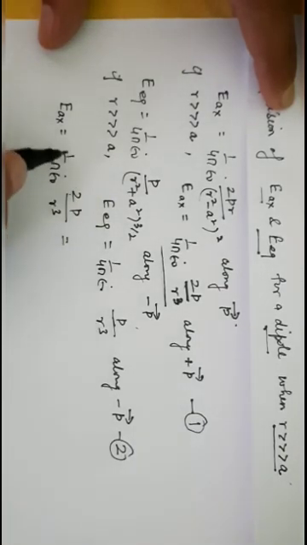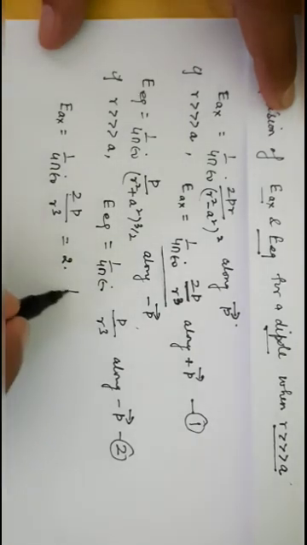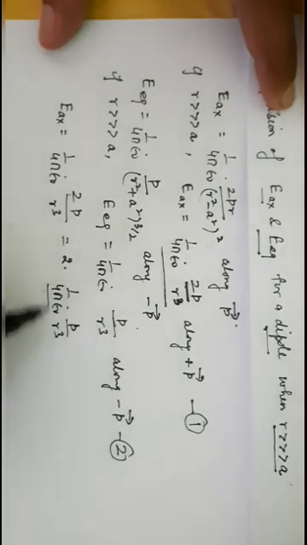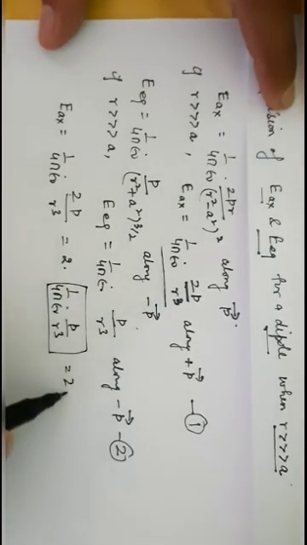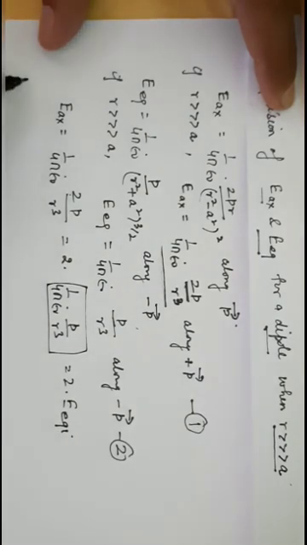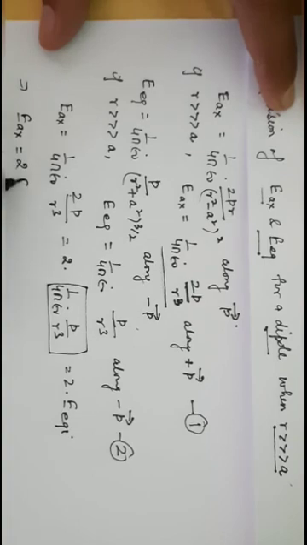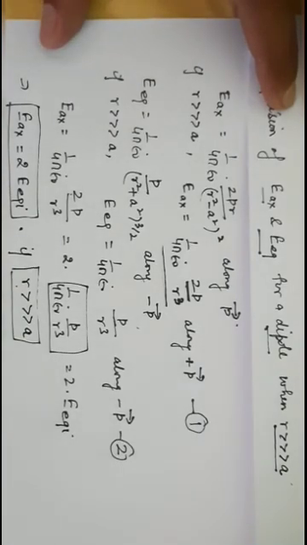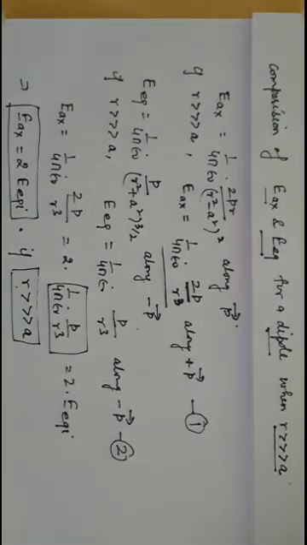If I write this 2 first, then 1 upon 4 pi epsilon naught, p by r cube, this factor is the electric field due to a dipole on the equatorial line. So we can conclude that the electric field on the axial line is equal to twice the electric field due to a dipole on the equatorial line. This is only when r is very much large as compared to a. This condition is requisite to satisfy this equation.